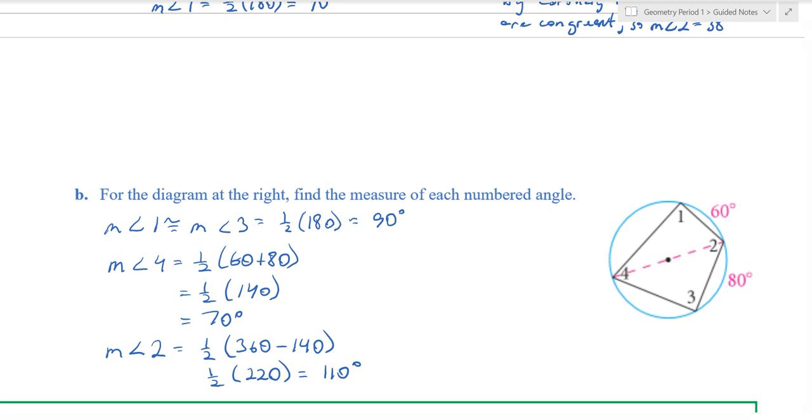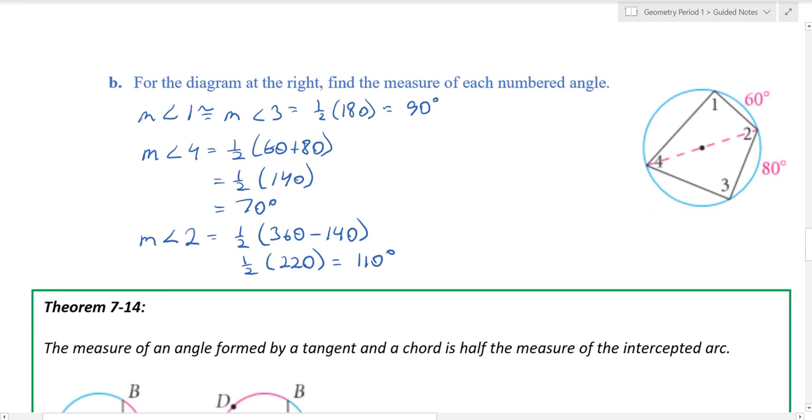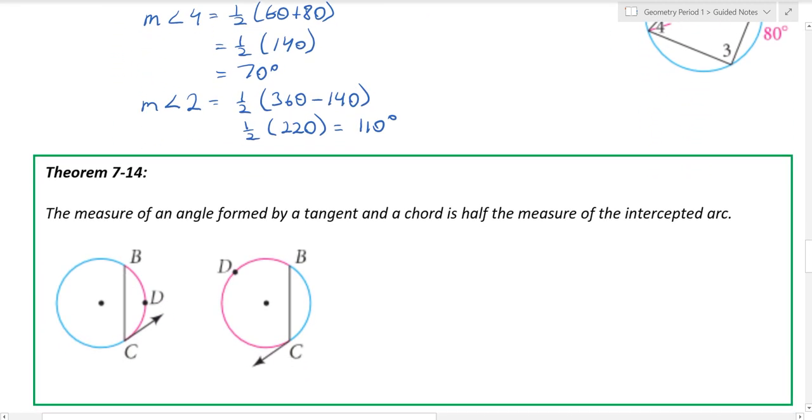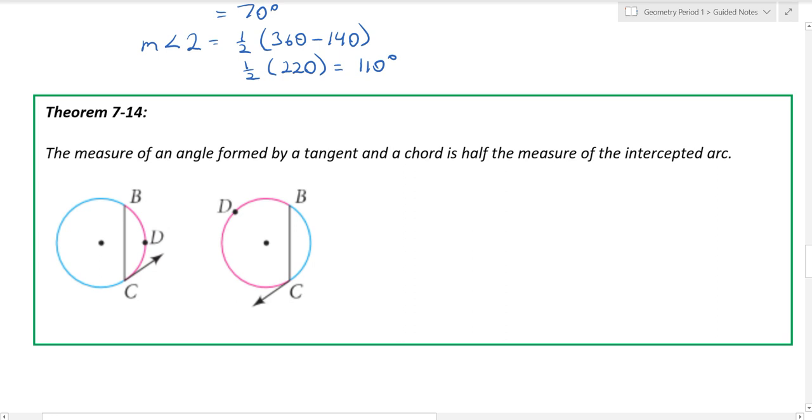All right, let's take a look here. Theorem 7-14 states the measure of an angle formed by a tangent and a chord is half the measure of the intercepted arc.